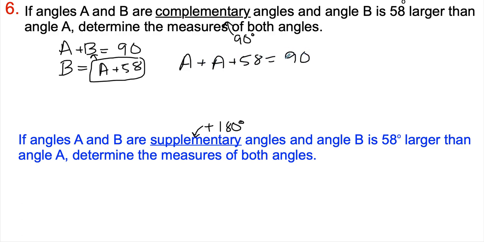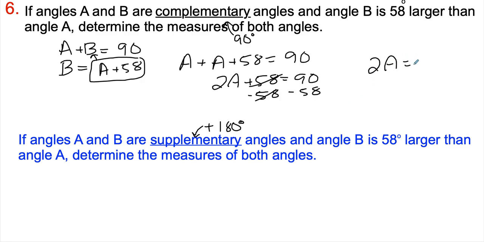And then we got a pretty simple equation to solve. So 2A plus 58 is equal to 90. Move the 58 over. 2A is equal to 32. And then divide the 2 out. A is equal to 16 degrees.